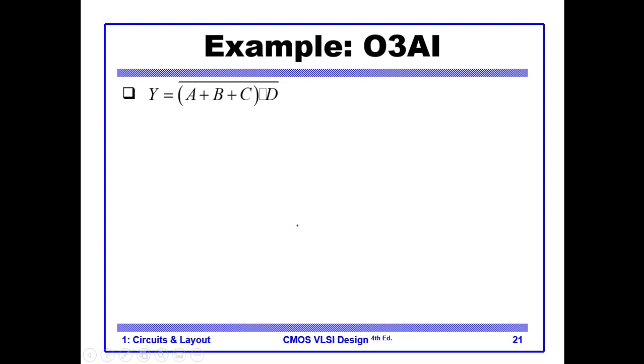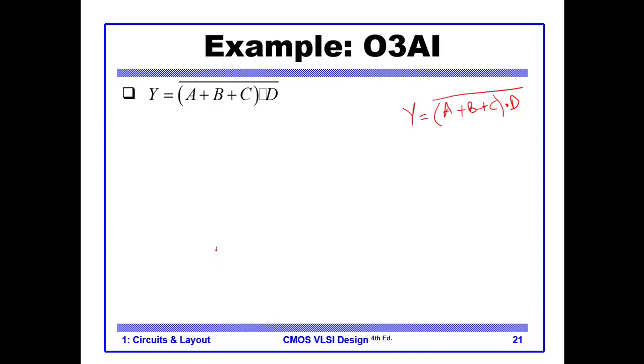So here is another one. We have to implement this function, which is Y is equal to (A plus B plus C) and D, whole bar. So first we will implement the pull down network, and what is it?